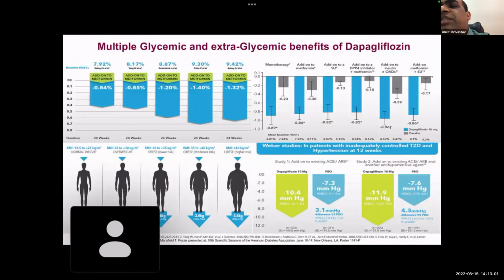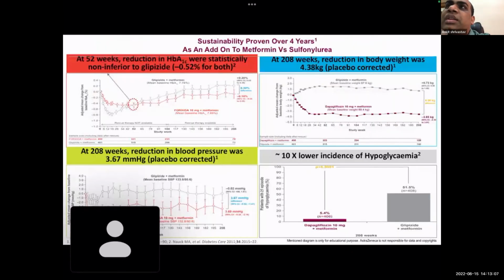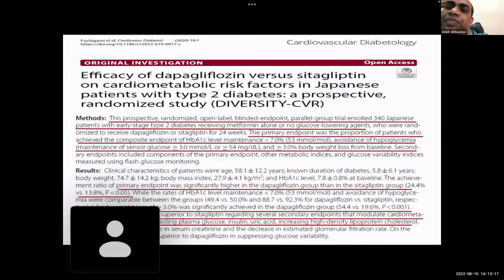There are multiple glycemic and extraglycemic benefits of dapagliflozin, as we have already discussed. And it is a molecule which is sustainable, which is again very important. If you look at the different graphs, there is good sustainability proven over 4 years of treatment.